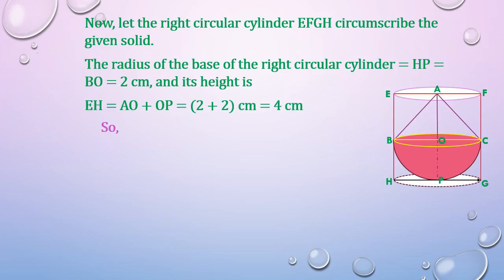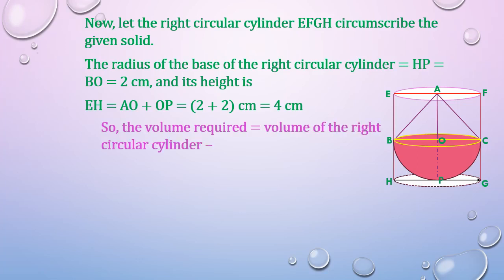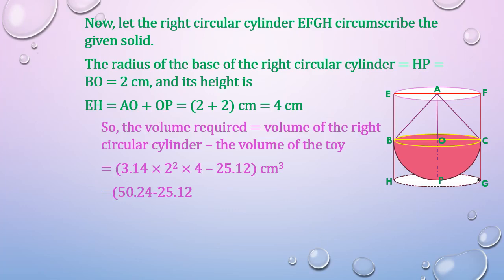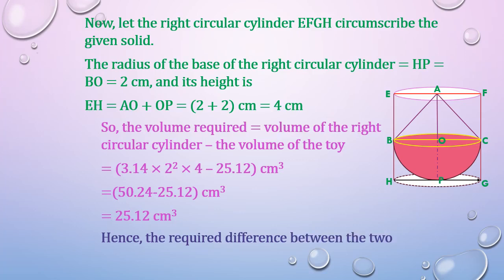So, the volume required is equal to volume of the right circular cylinder minus the volume of the toy, which is equal to 3.14 into 2 square into 4 minus 25.12 centimeter cube, which is equal to 50.24 minus 25.12 centimeter cube, which is equal to 25.12 centimeter cube. Hence, the required difference between the two volumes is equal to 25.12 centimeter cube.